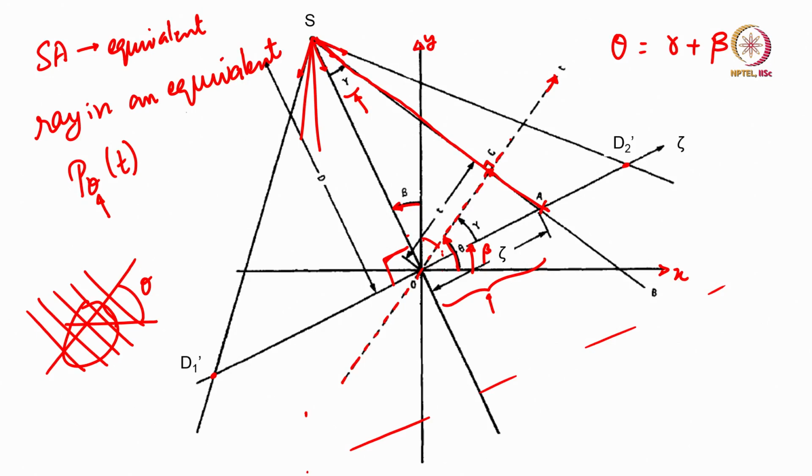Okay. So, you know theta. If you are given a particular projection, you know beta, and a particular ray in that projection has a particular gamma. So, from that you can get an equivalent theta. So, your first parameter in p theta of t is known. You know which projection in the p theta of t you need to populate with the information coming from this ray, with the R beta of zeta from this ray.